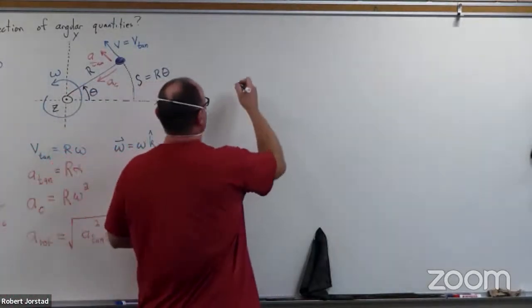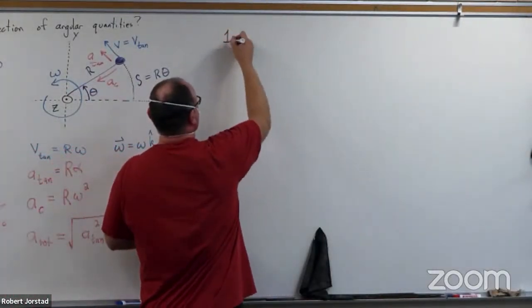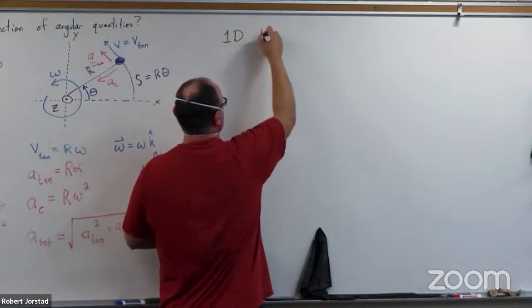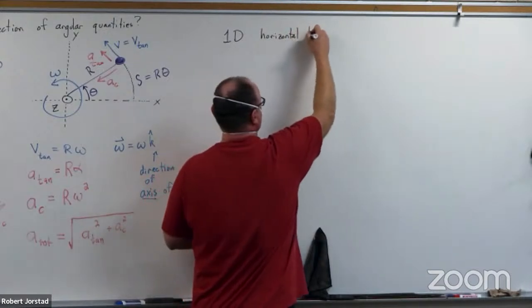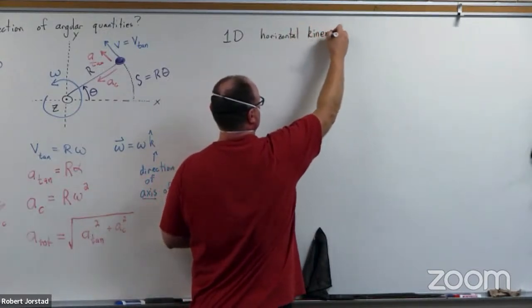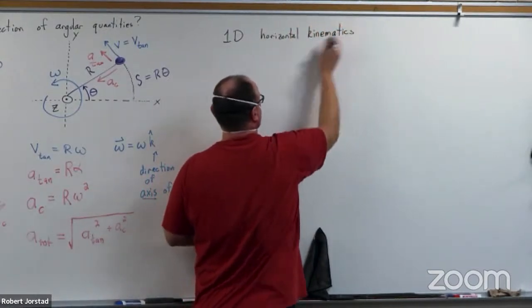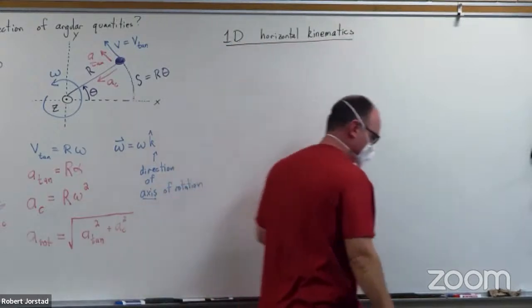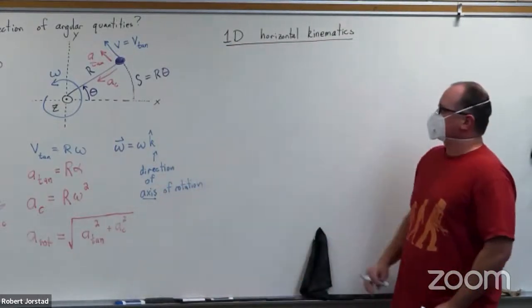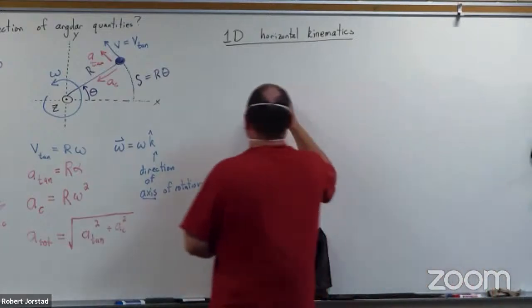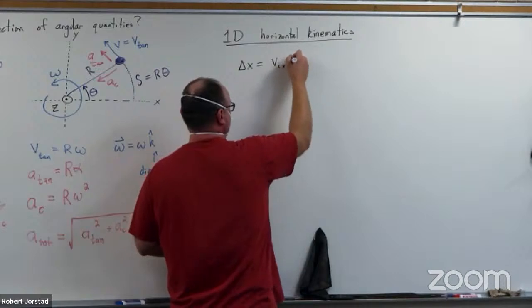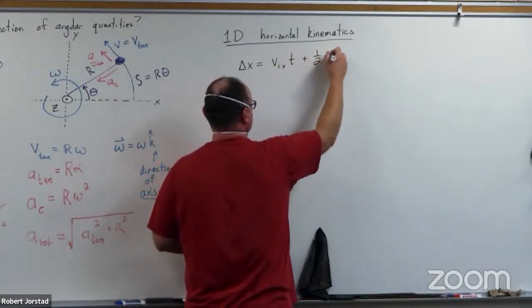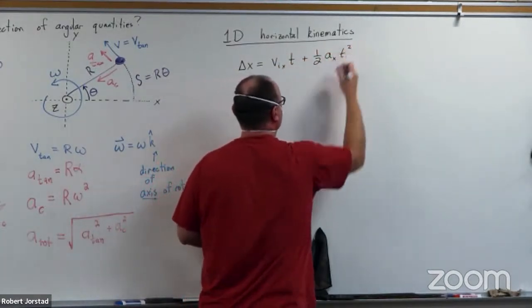I know this is going to seem a little bit strange, but I'm going to write the kinematics equations 3 times. Okay? In horizontal kinematics, we've been saying something like delta x equals v initial x times time plus 1/2 a sub x t squared, right?